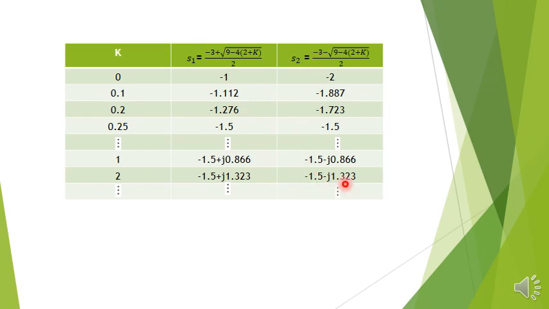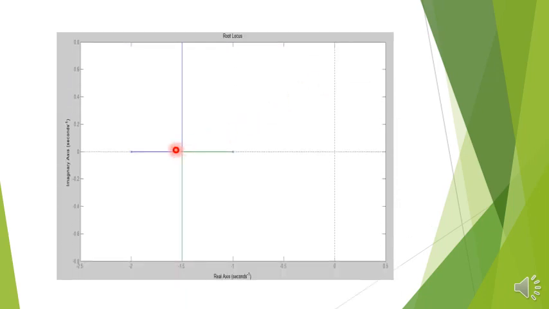If I plot the variation of all these two poles in the S-plane, then we will get a root locus, something like this. One pole S1 is at minus 1 when k equals 0, and S2 is minus 2 when k equals 0.